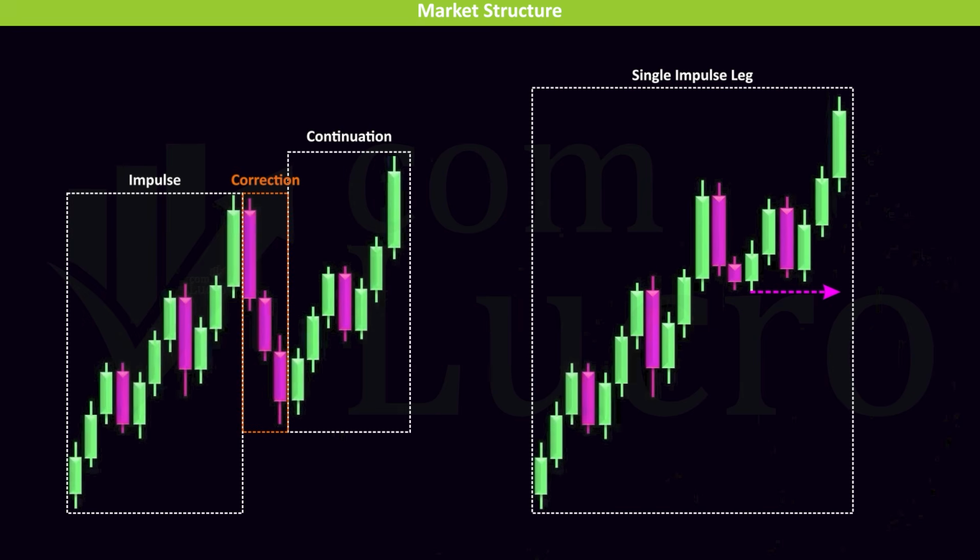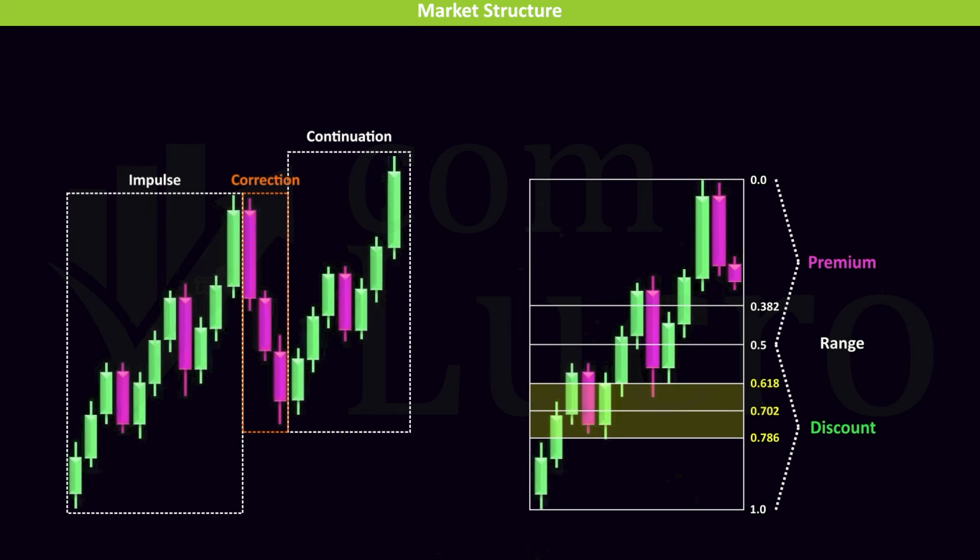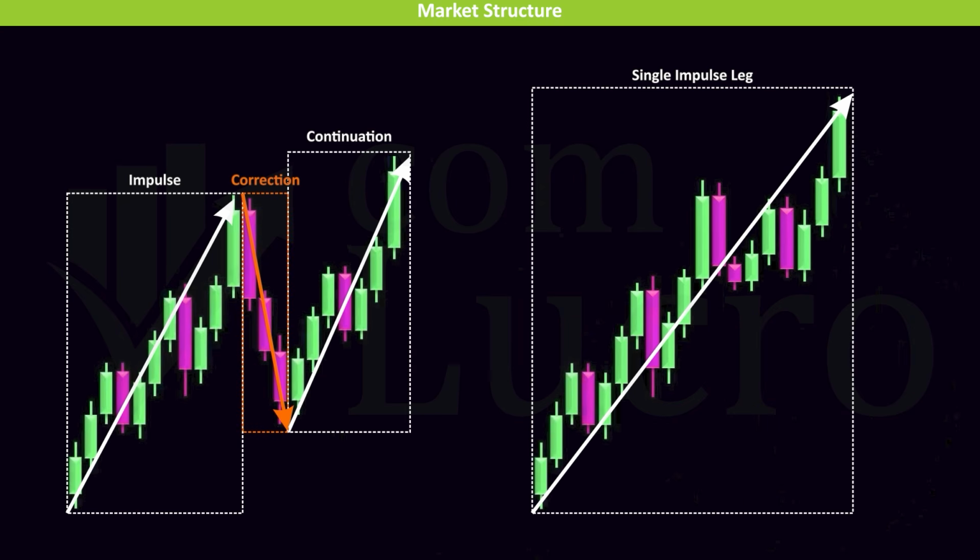Since price has not broken the lowest point of any internal pullback or internal low, nor retraced to at least the 0.382 Fibonacci level, which is an important rule within the ComLucro framework, and has also failed to sweep the liquidity below these levels in this sequence, we cannot classify this as a valid corrective movement. Therefore, this price action should be interpreted as a single impulsive move without any correction. These concepts also apply to bearish market conditions.